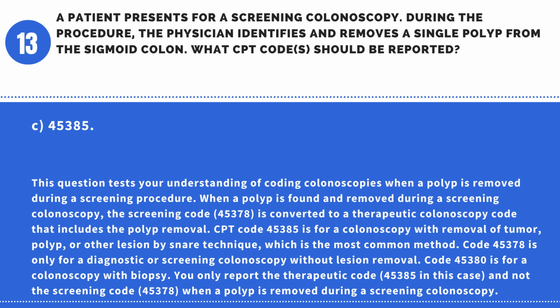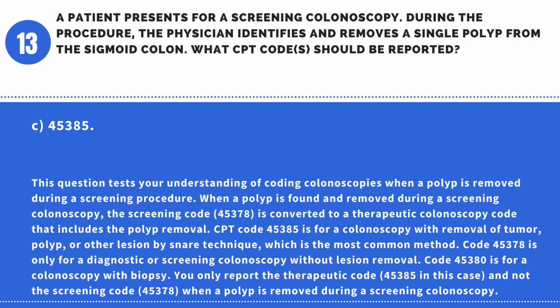Answer: C. 45385. This question tests your understanding of coding colonoscopies when a polyp is removed during a screening procedure. When a polyp is found and removed during a screening colonoscopy, the screening code, 45378, is converted to a therapeutic colonoscopy code that includes the polyp removal. CPT code 45385 is for a colonoscopy with removal of tumor, polyp, or other lesion by snare technique, which is the most common method.